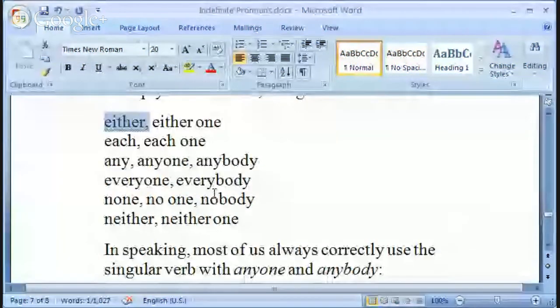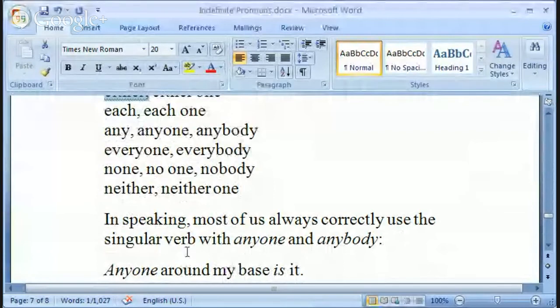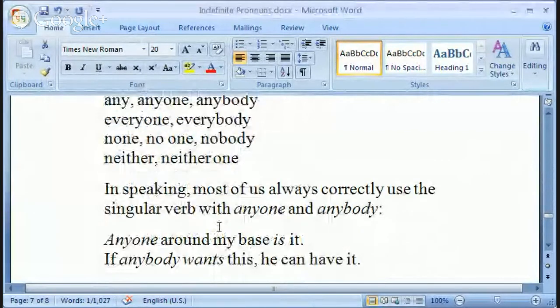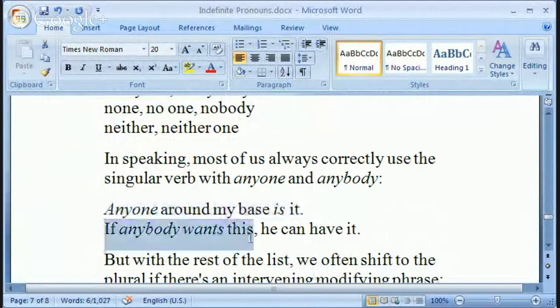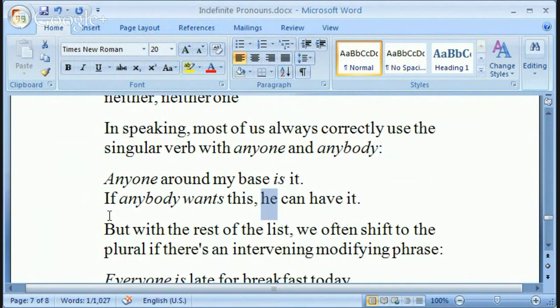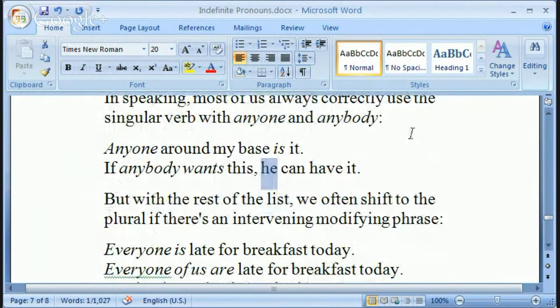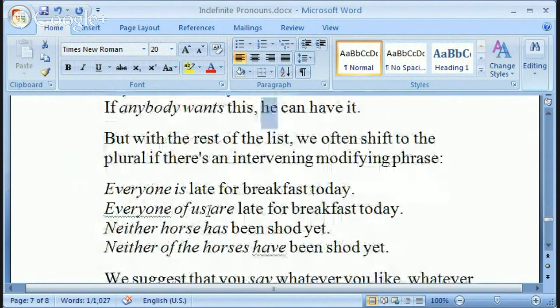This is sort of repeating the idea. Anyone around my base is it. If anybody wants this, he can have it. Notice he's singular. If he wants this, one person. However, anyone and anybody are pretty easy. The rest of the list, we may shift to the plural if there's a modifying phrase. What do I mean by that?